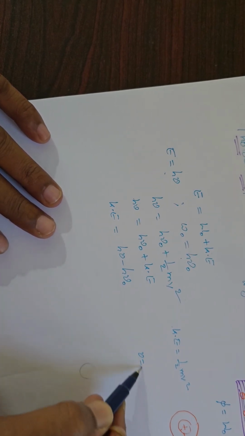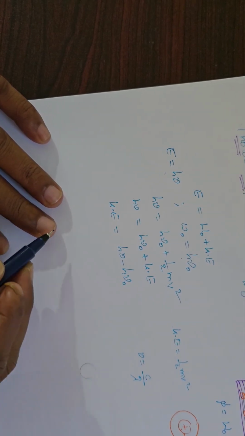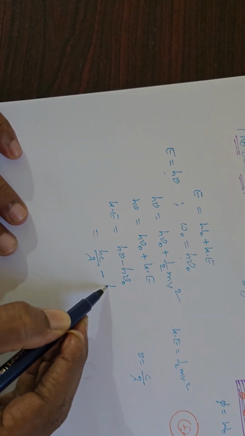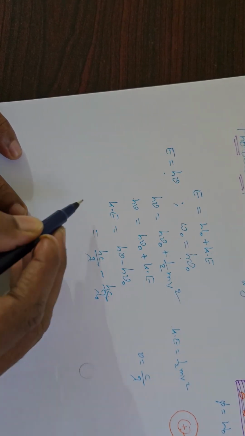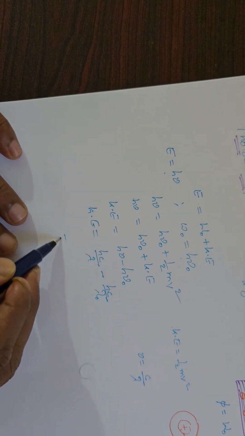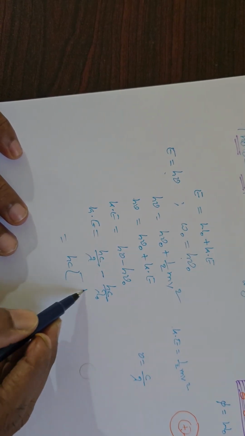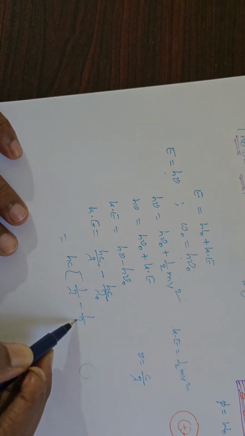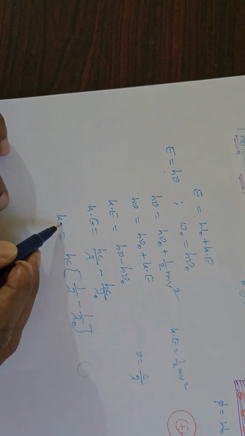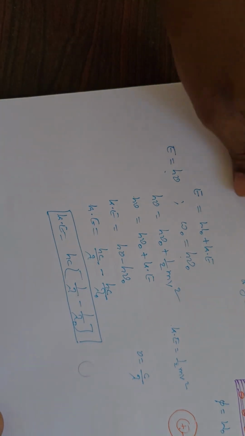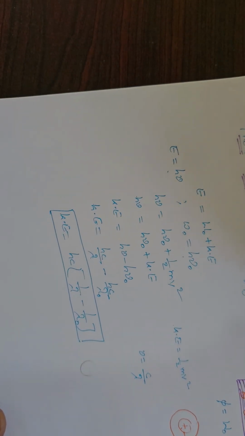Here nu is nothing but c by lambda. So hc by lambda minus hc by lambda naught. Kinetic energy KE is equal to, what is the common term here? hc is the common term: hc times (1 by lambda minus 1 by lambda naught). This is the relation between kinetic energy, incident light wavelength and threshold wavelength.